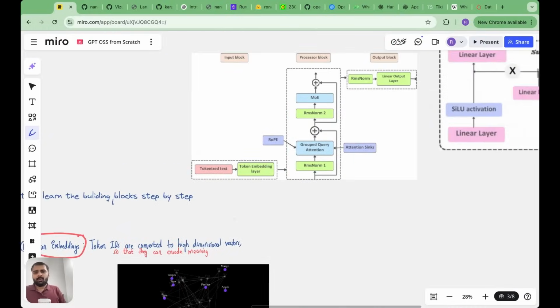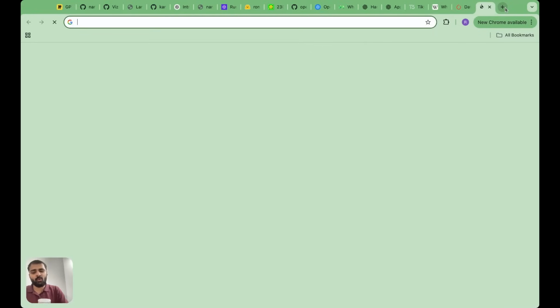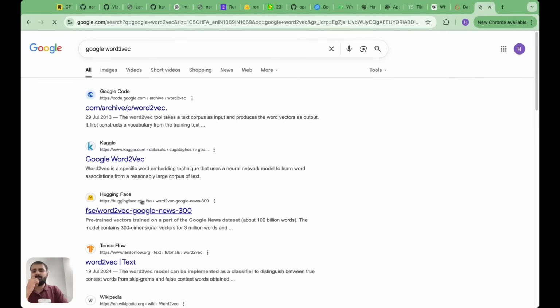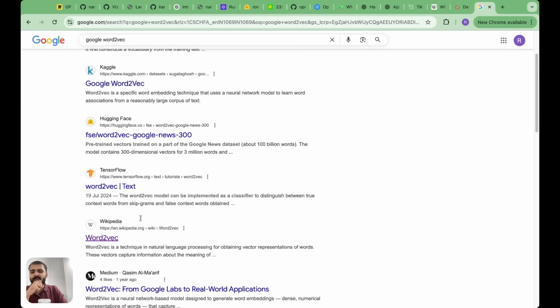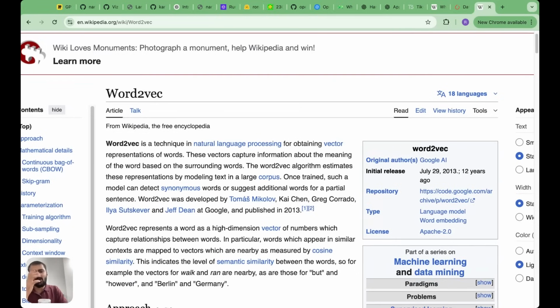So we have already looked at the first thing, which is the tokenized text. The input sequence is converted into a bunch of token IDs. But there was one innovation which happened in 2014, and that's word2vec. What people realized through this innovation is that words can be represented as vectors.